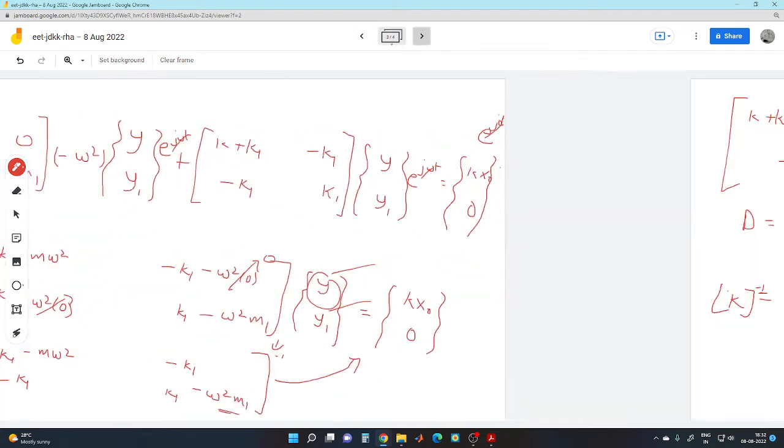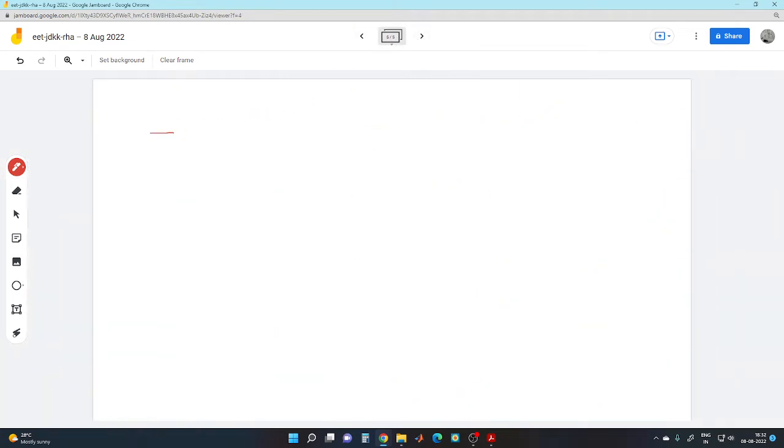if we have this system where the base is getting excited at x naught sine omega t, this is k, this is m, this is k1, this is m1.